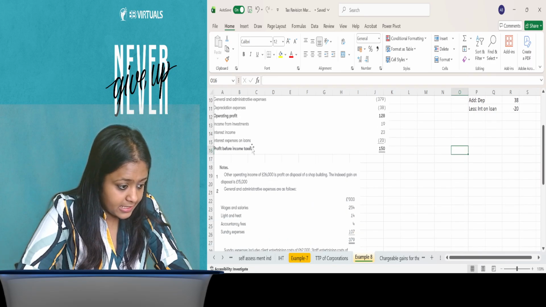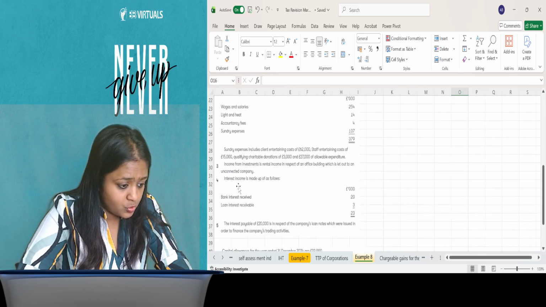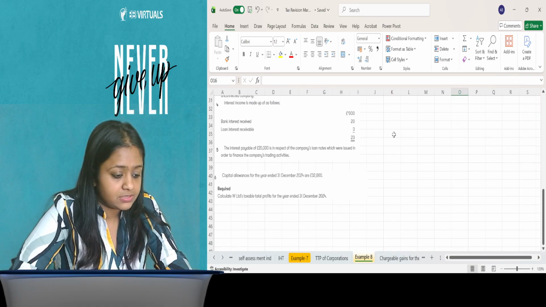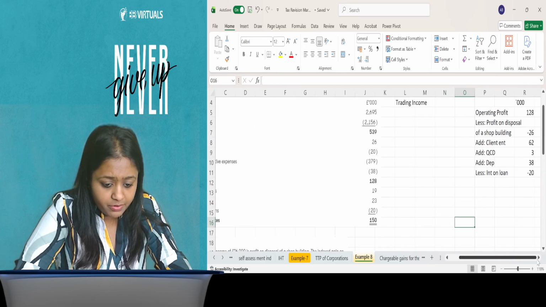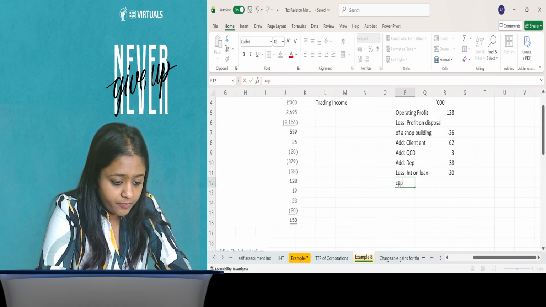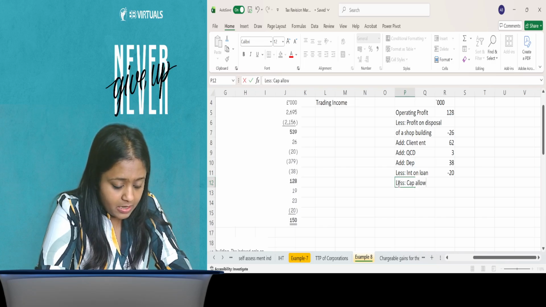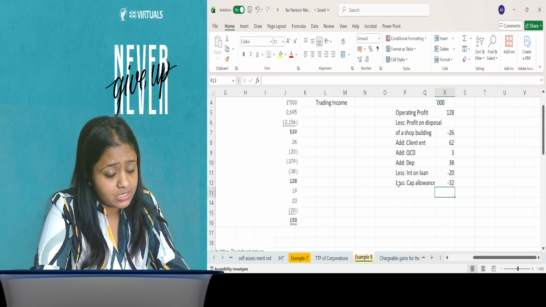Let's see anything else. So we have taken note 1, note 2, note 3, note 4, note 5, and note 6 is capital allowances of 32,000. That will reduce your profits, right? So here you will reduce capital allowances of 32,000. I hope it is very clear.